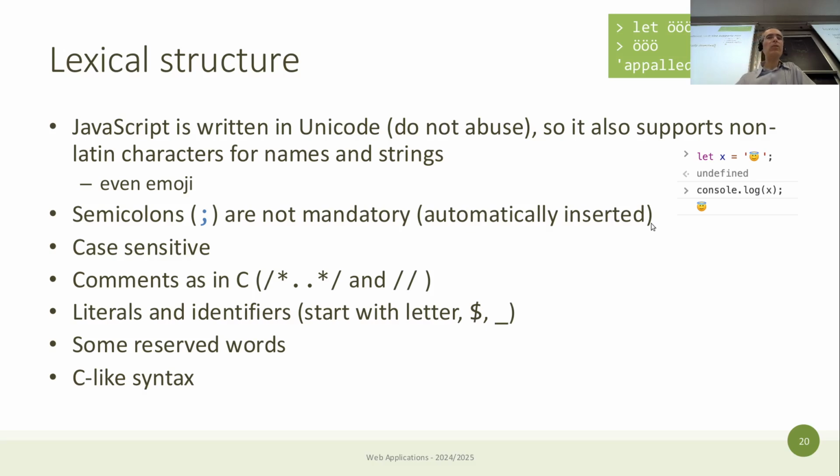We will come back to this in a few slides. It's case sensitive, so it's like C, no surprise. You can comment in the same ways. You can have identifiers. As usual, they start with letters, cannot start with numbers, but that's the same as C. Or with $, underscore, and so on. A few reserved keywords, user stuff: if, else, while, etc.